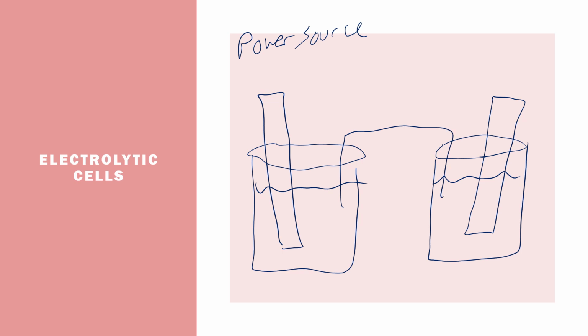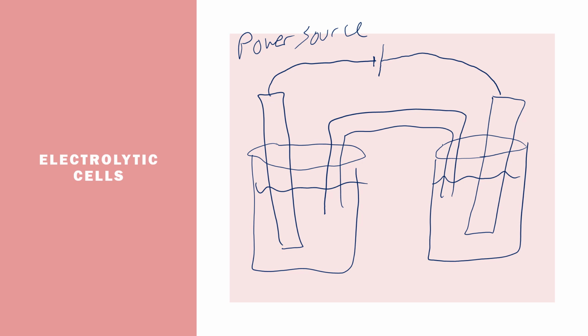You'll need some kind of salt bridge, or it might be like a porous membrane between the two. And then you would have to hook up to a power source. Typically, they'll indicate that it's a battery or that it's plugged into some kind of power source, but in some diagrams they'll use this symbol here, which means a power source is being applied.